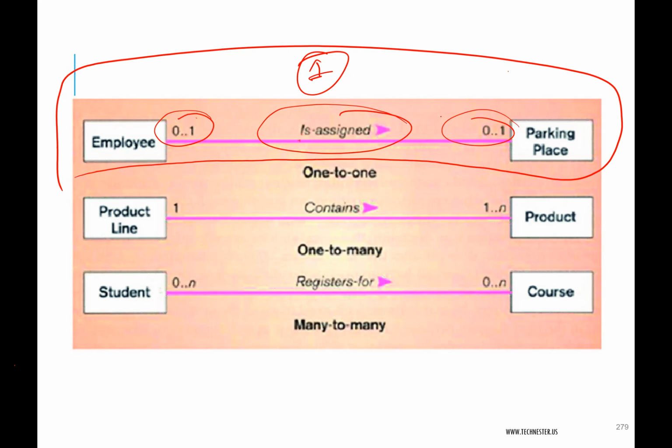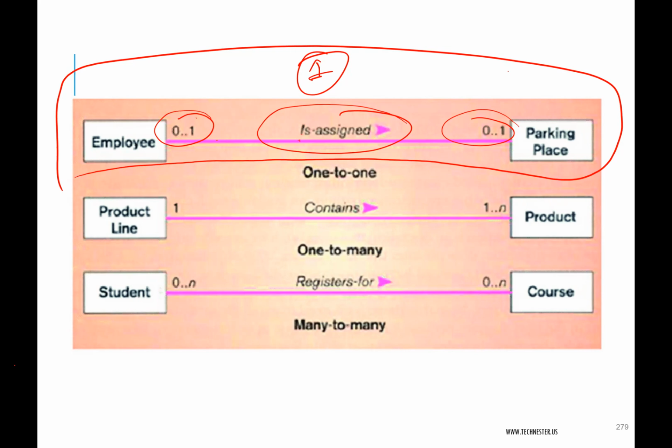0 or 1 employee is assigned to 0 or 1 parking space. Now, let me tell you why there's an issue with the analysis, right? If you interpret it as 0 employee cannot have 1 parking space, which is not what this class diagram says, or 1 employee cannot have 0 parking space, which is completely not what the model says, you are wrong.